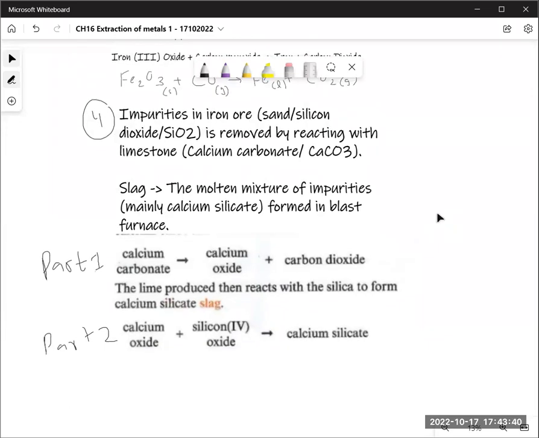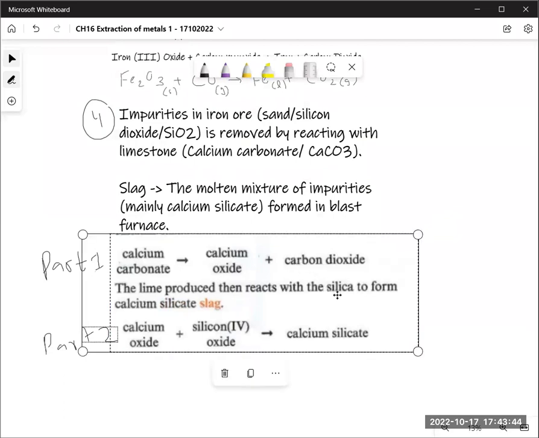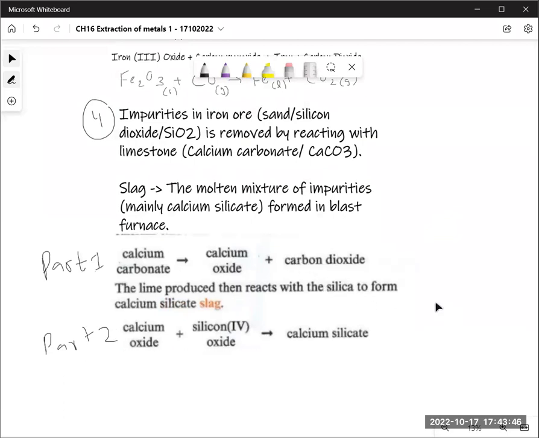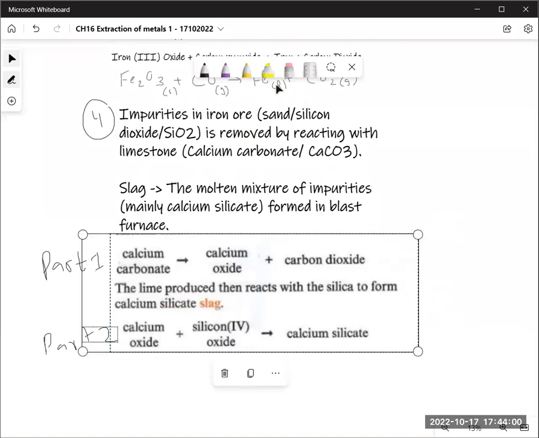Part 1, calcium carbonate equals calcium oxide plus carbon dioxide. The lime produced then reacts with the silica to form calcium silicate slag. Part 2, calcium oxide plus silicon oxide equals calcium silicate. Okay.